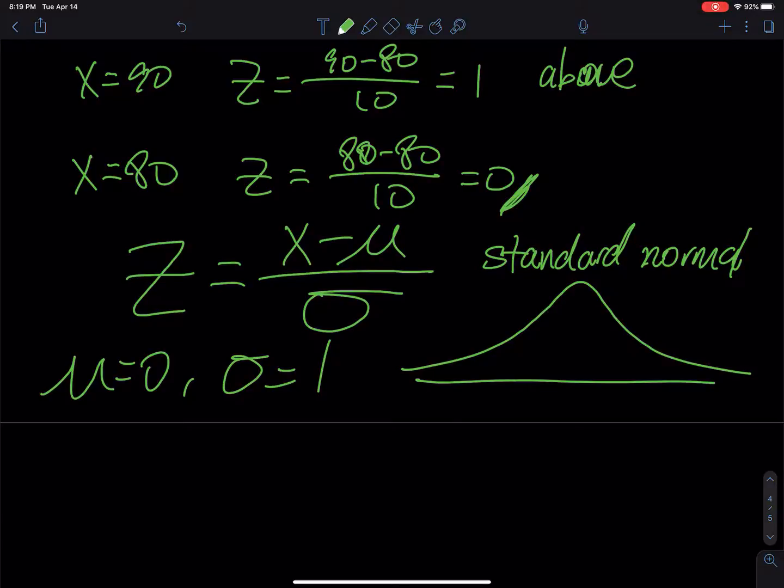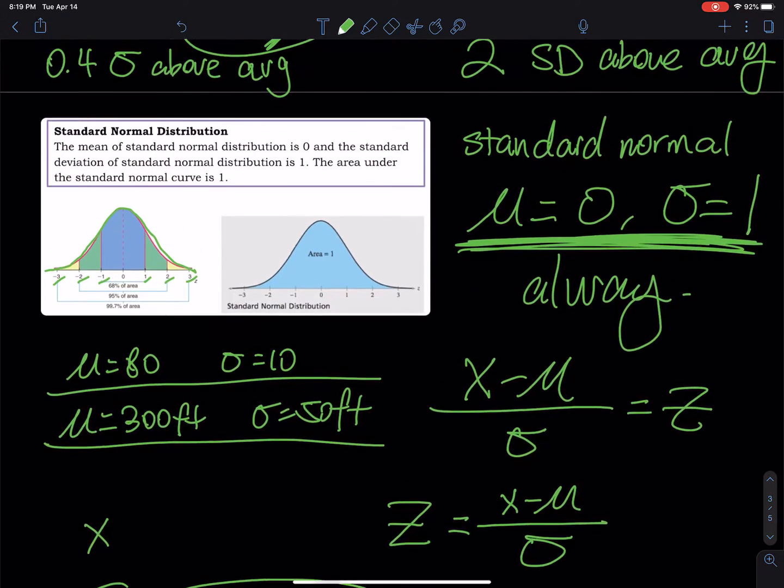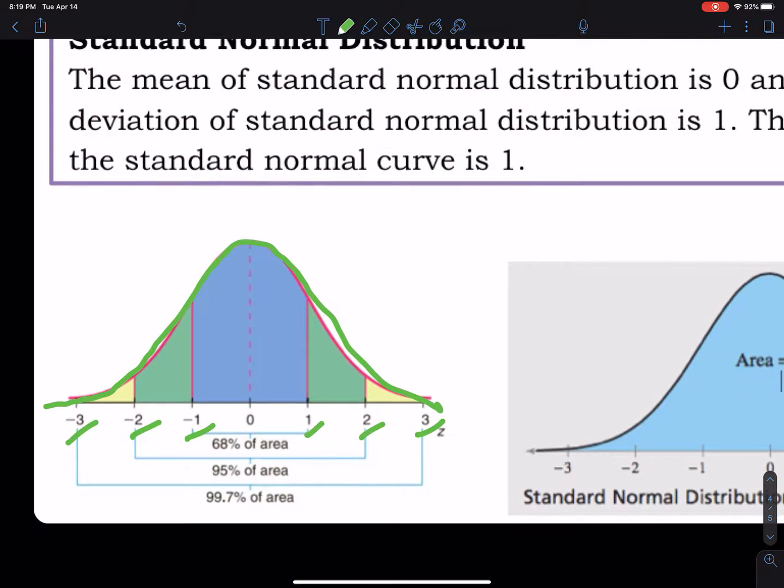So we are not changing the center. We are not changing the shape. Everything is fixed, just like this. 0 and 1. So no more big numbers. Oh, what about the unit? There is no unit. Z is a Z. A number is a number. You don't have a number followed by a unit because that is the standardized value.